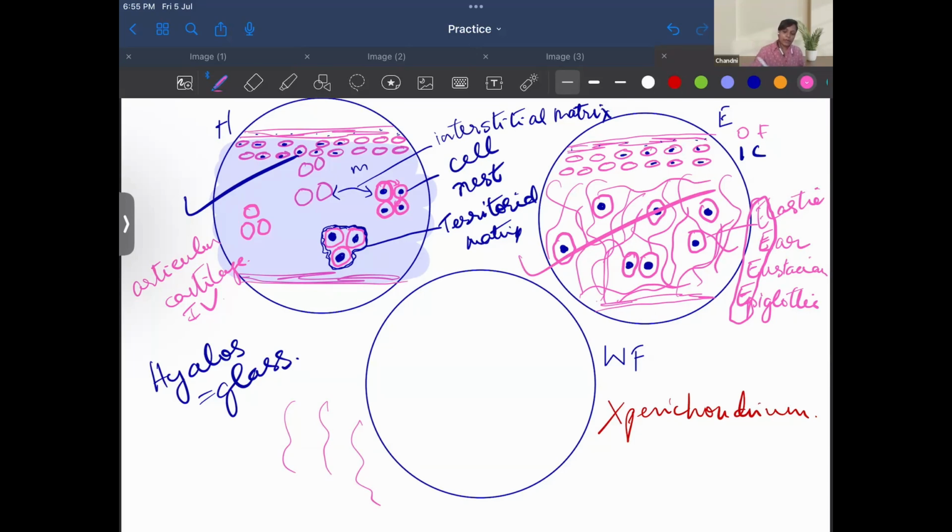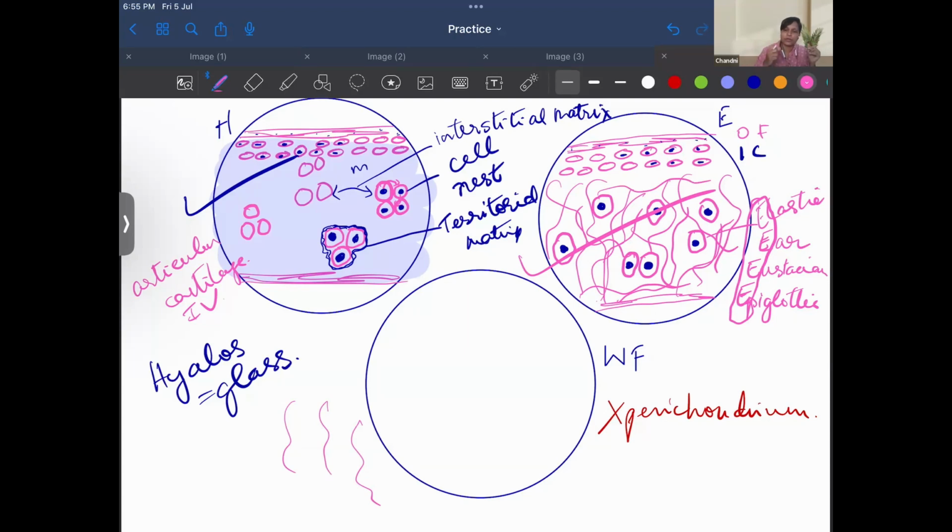Now, next we come to the white fibrocartilage. Soup bowl, no soup bowl. This cartilage is like a troop that does not need a leader. I'll eat straight out of the soup pot itself. I don't need a bowl to serve, okay? But it is very, very rich in fibers, okay?